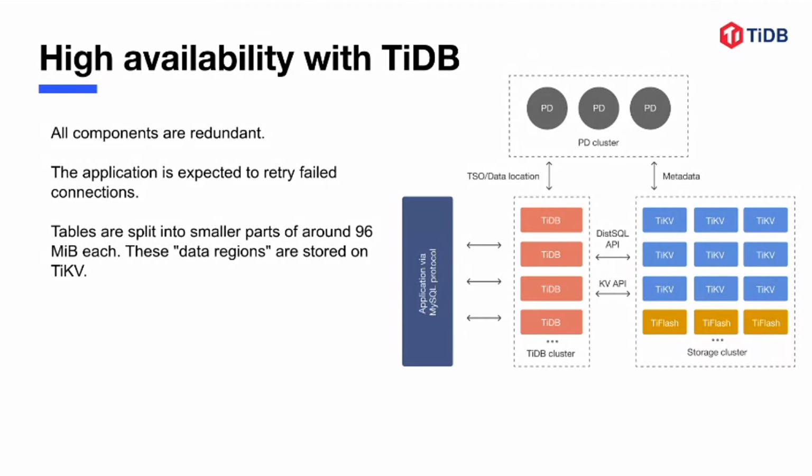In the last few releases, we changed this to a slightly larger size of 256 megabytes. These data regions are stored on the TiKV nodes. Because we have multiple copies of everything and multiple machines for every role, things are highly available by default, because any component can fail and the cluster can just continue serving queries.